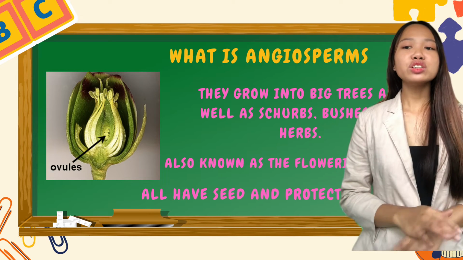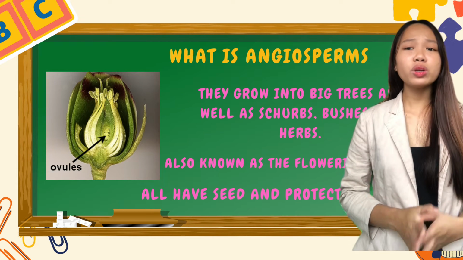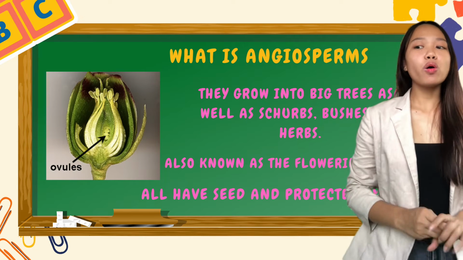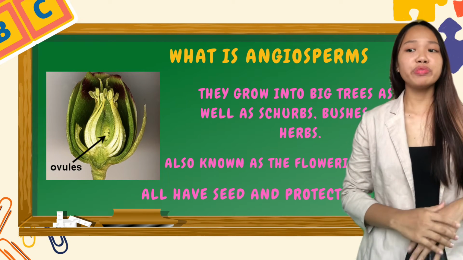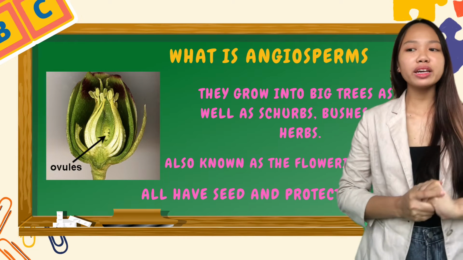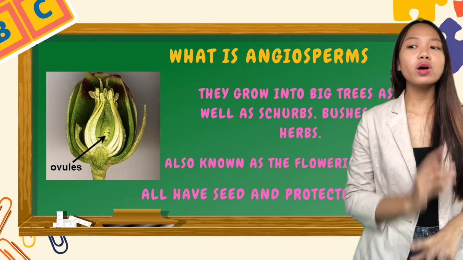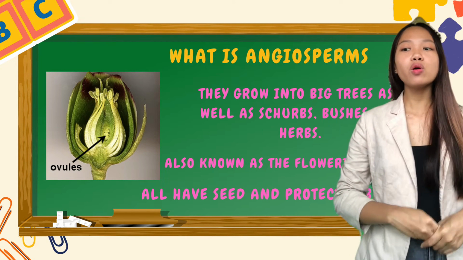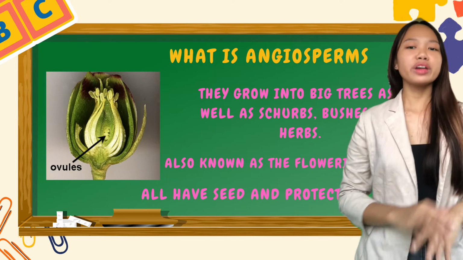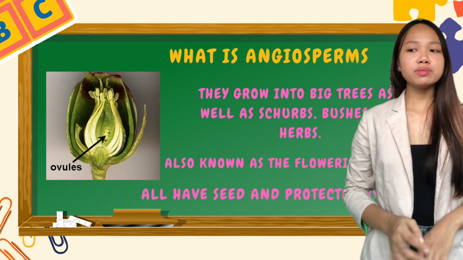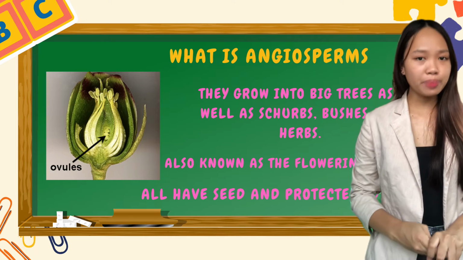So, in short, angiosperms have seeds protected by an ovule. What is an ovule? An ovule is the organ that forms the seeds of a flowering plant. It is born in the ovary of the flower and consists of the nucellus protected by integuments, which become the embryo, endosperm, and seed coat respectively.